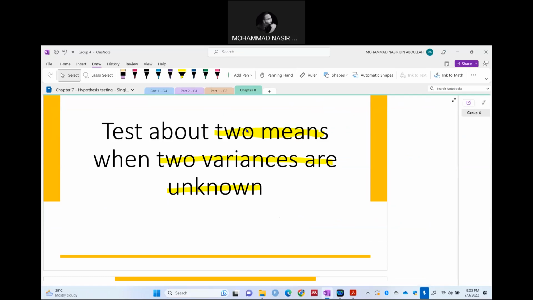If the sample size is less than 30, we look at another two conditions, whether the population variances are equal or not equal. If equal, use T distribution with pooled standard deviation. If not equal, use normal T distribution, but calculate the degrees of freedom.